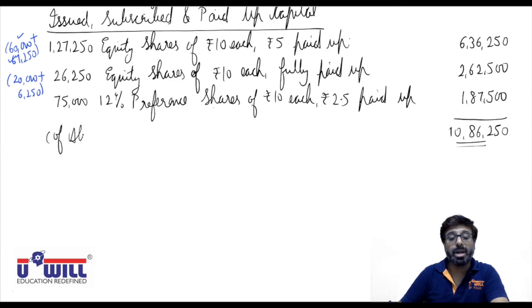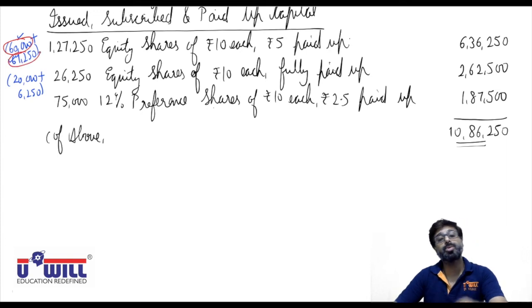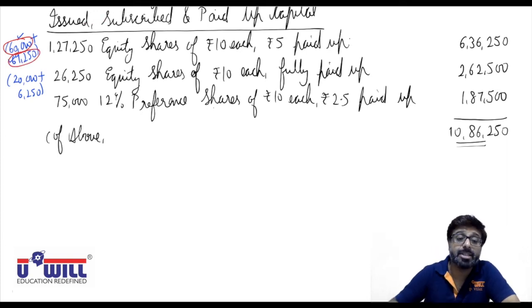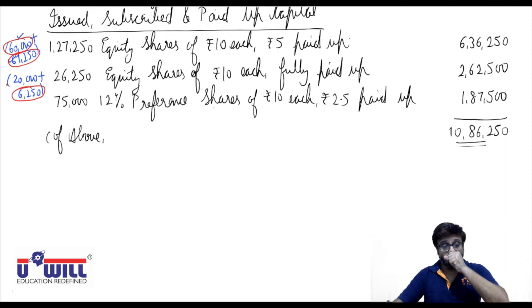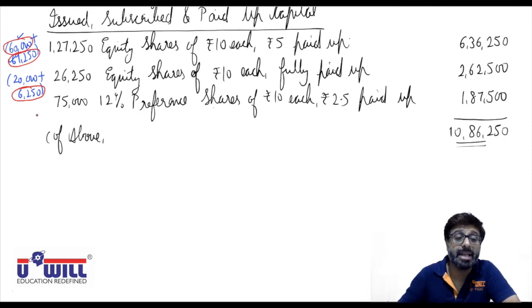Okay. Now here is the disclosure of the above. Of the above, which are issued for consideration other than cash? The 60,000 issued to debenture holders are for consideration other than cash. Even the 67,250 issued to equity shareholders are for consideration other than cash. The 20,000 is issued to public for cash. The 6250 given to creditors are for consideration other than cash.